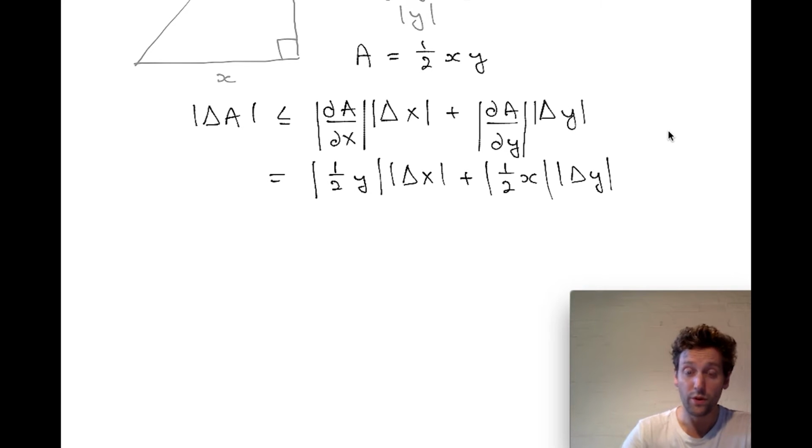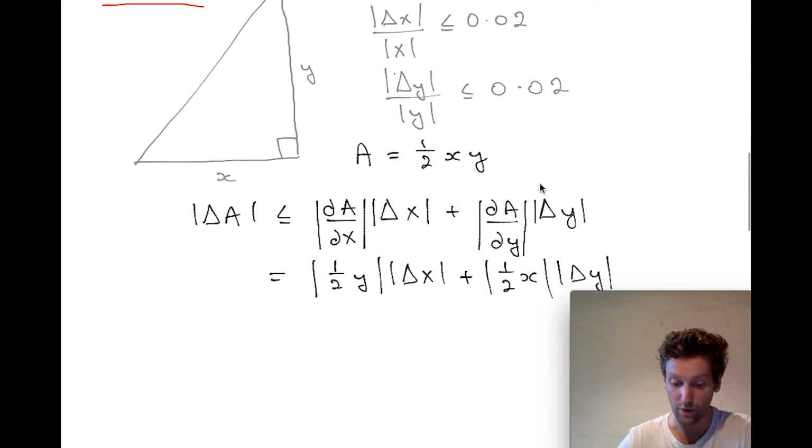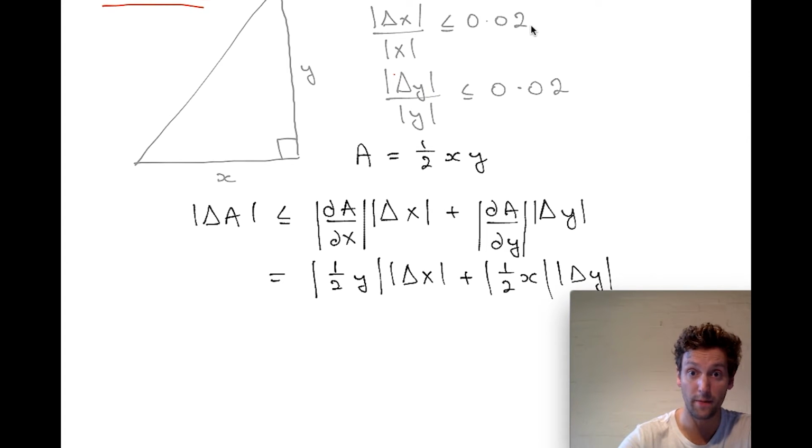Alright, so you notice that we have an interesting problem here because we don't actually know what the values of x and y are. All we know is that the relative errors in x and y are 2%. That's the only piece of information that we're given. So what we're going to see is that because we're only looking for the maximum possible percentage error, that is, the error in A as a ratio with respect to the value of A, we don't actually need to know what the values of x and y are. So let's see that.